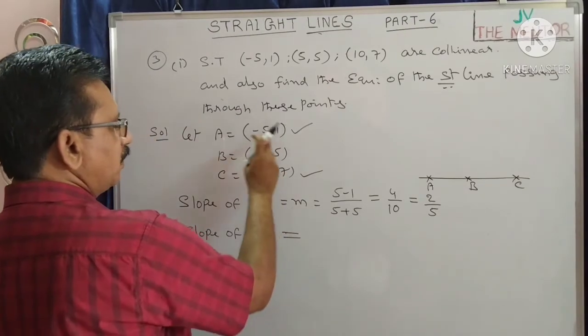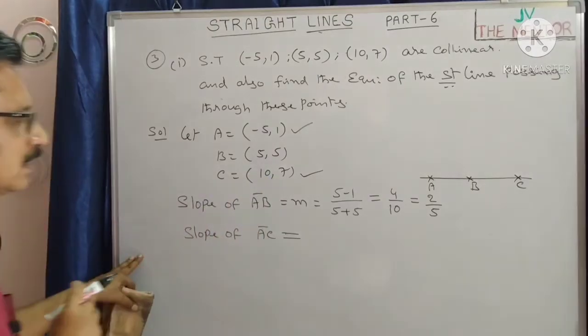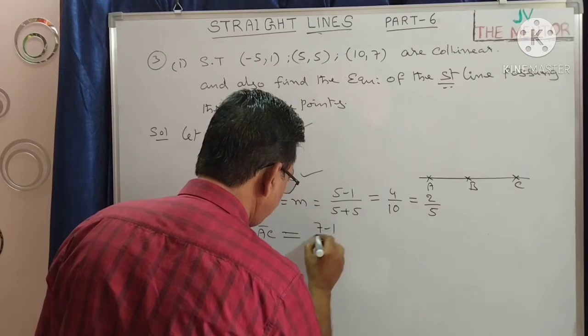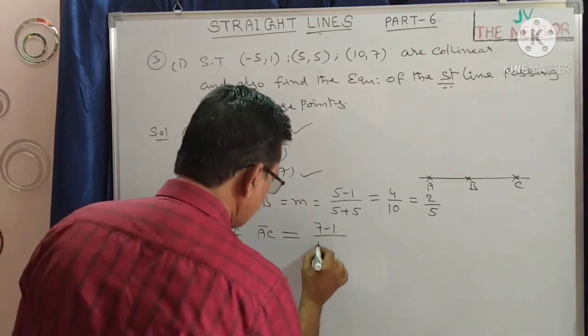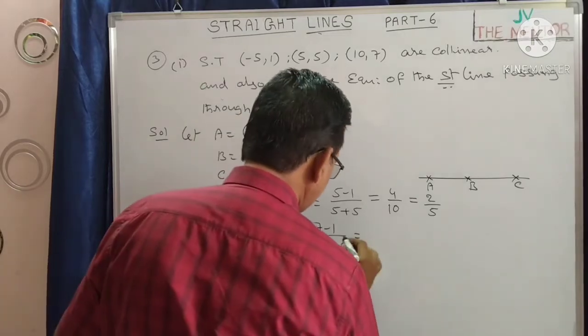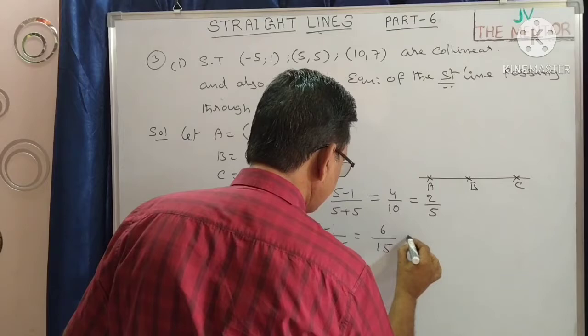Here x1 comma y1 is minus 5 comma 1. x2 comma y2 is 10 comma 7. So 7 minus 1 by 10 minus of minus 5, that is 10 plus 5. Here 7 minus 1 is 6 by 15.